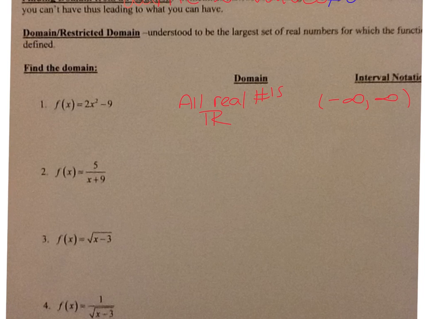All right, so take a look at number 2. I have 5 over x plus 9. So what can't x be? If you can't figure it out, say to yourself, well, it's a fraction. And I know that in the denominator, x plus 9 cannot be equal to 0. Because if x plus 9 is equal to 0, then it's undefined. So minus 9, x cannot be equal to negative 9, which means it can be any number except negative 9.